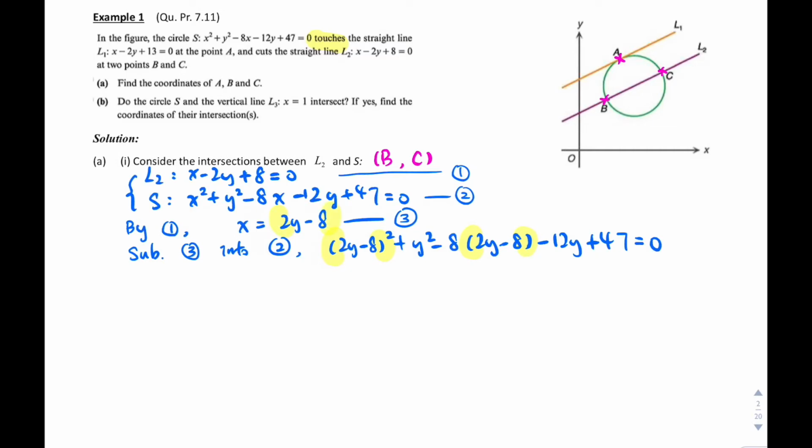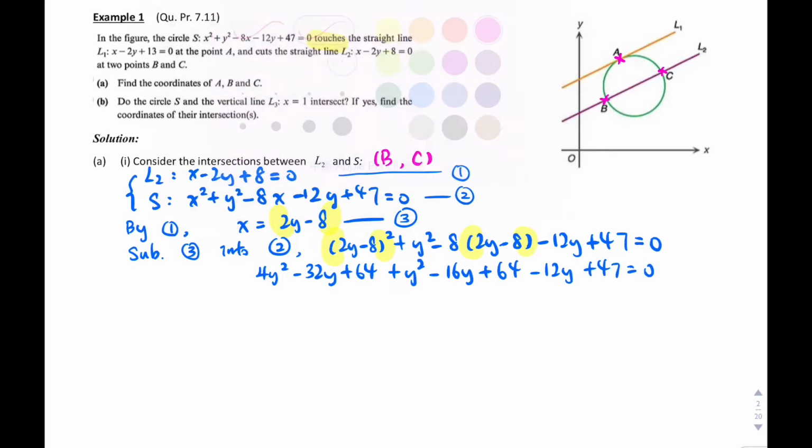Here, try to simplify and solve this quadratic equation in one unknown y. Expand and simplify. You will get the following. Try to group the like terms.